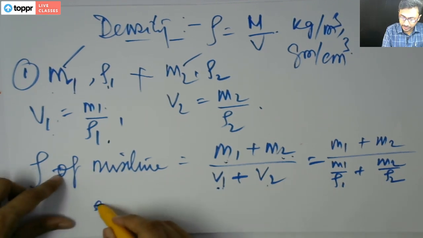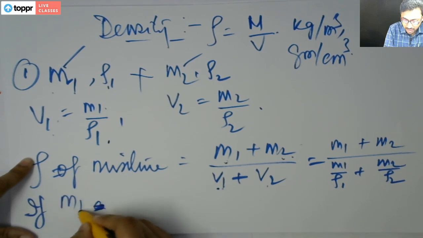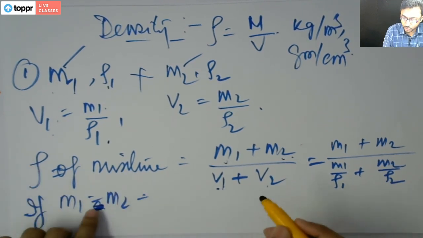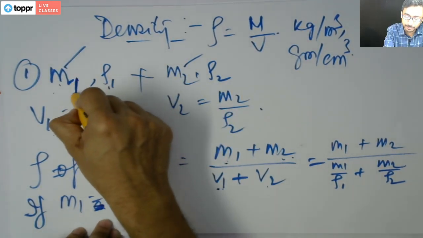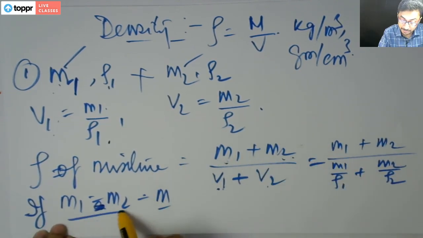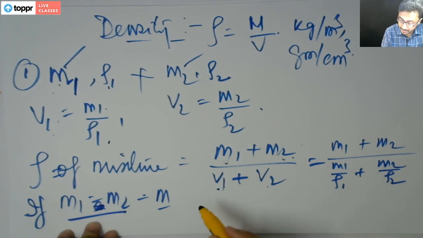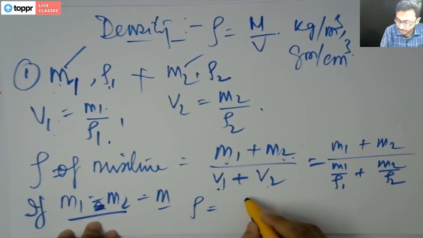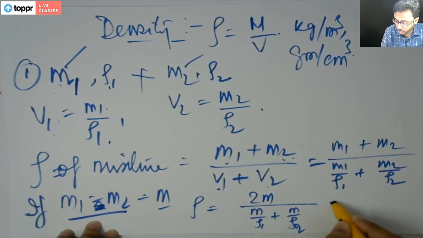Now if m1 equals m2 equals mass m, that is, the masses are the same but of different density, of different liquids, then the density of the mixture will be what? This will be 2m, this will be m by rho1, this will be m by rho2.